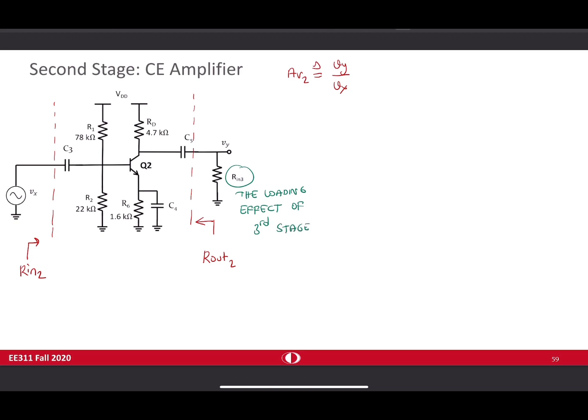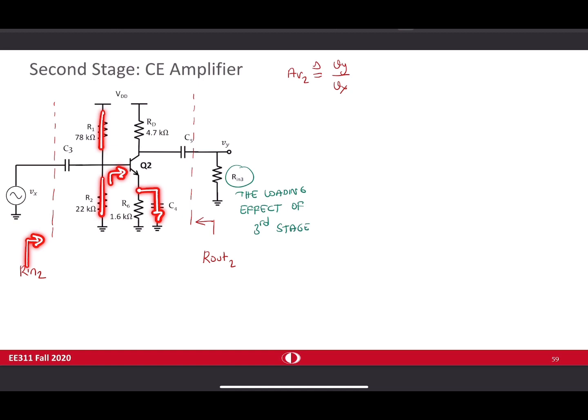Again, we can draw the small signal model for solving these gain and input-output resistances, but I'm sure that you can see them directly. We are looking from here, we are trying to find Rin2. What we have is, of course, R1 in parallel with R2, in parallel with the resistance seen from here. And the resistance seen from here is quite easy because emitter is AC grounded, so you have R pi 2 resistance.